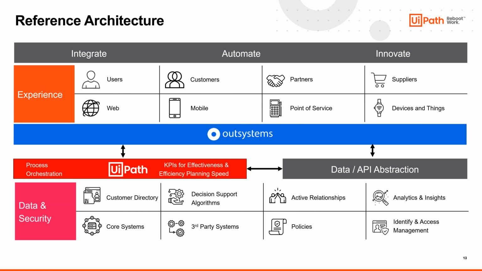You can integrate the IDP component of UiPath with multiple OCRs, extract and validate the information in the documents, and leverage that digital information in your application as data to execute certain transactions within your application. So this is just a high-level reference architecture that you can leverage to build an enterprise-grade application using OutSystems and UiPath integration.